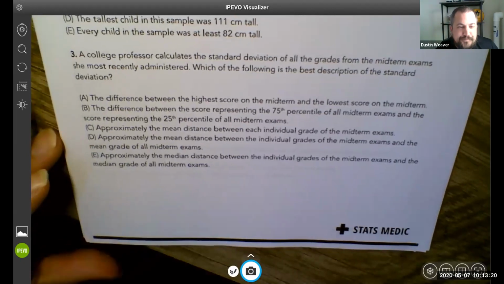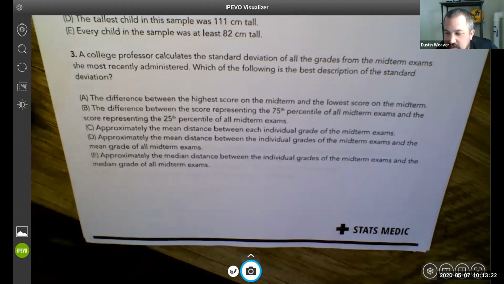So yes. So the standard deviation, the definition of standard deviation is on average how far we are away from the mean. So the standard deviation takes into account all the individual grades and gives us the average distance from the mean.